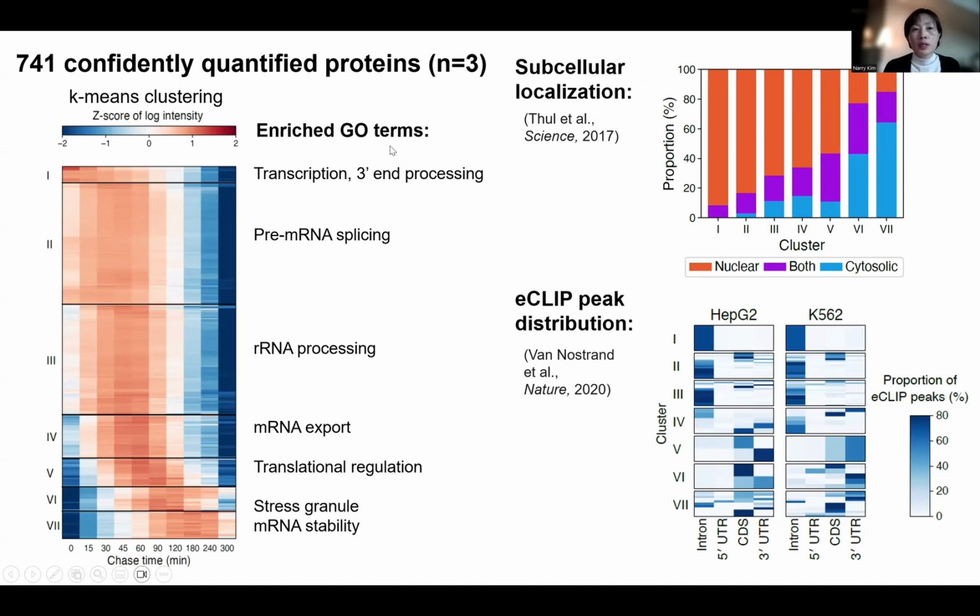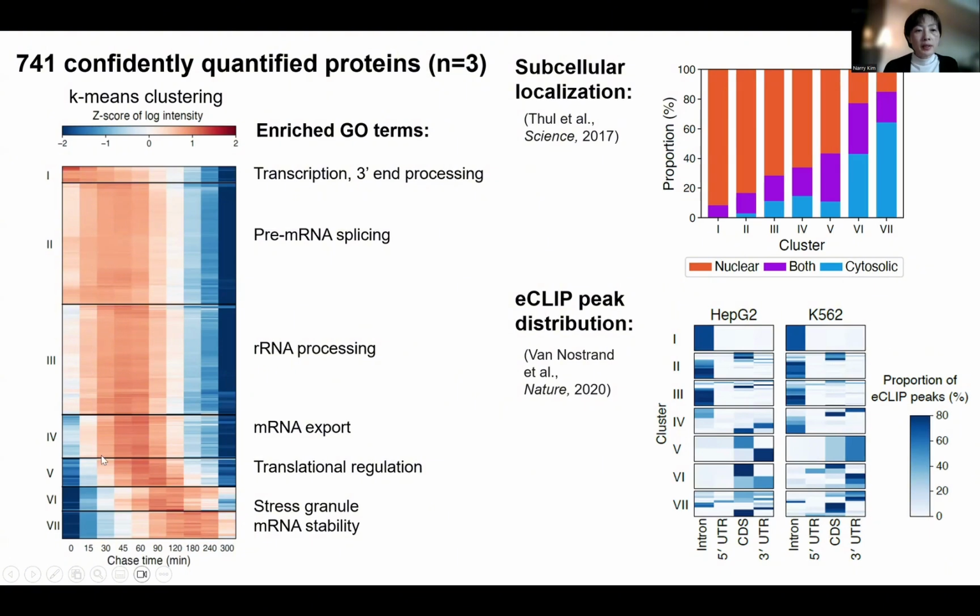And when we analyze them by GO term analysis, subcellular localization, and eCLIP data, we could learn that the early binders are enriched with transcription, 3' end processing, and splicing terms, localized mainly in the nucleus and interacting mainly with intronic sequences.